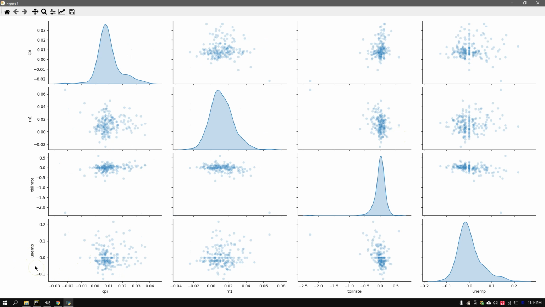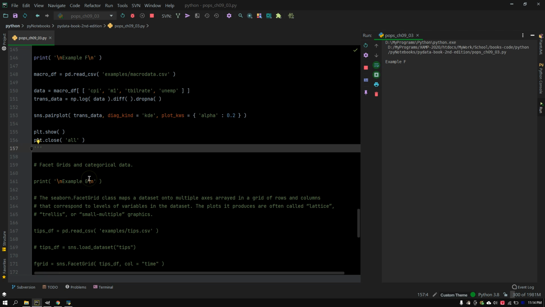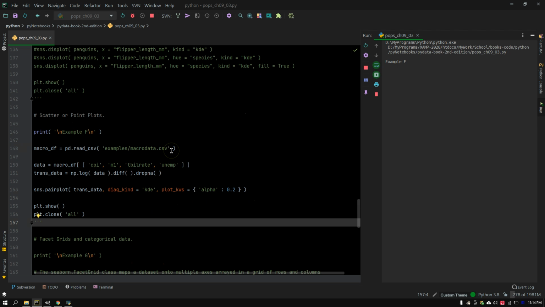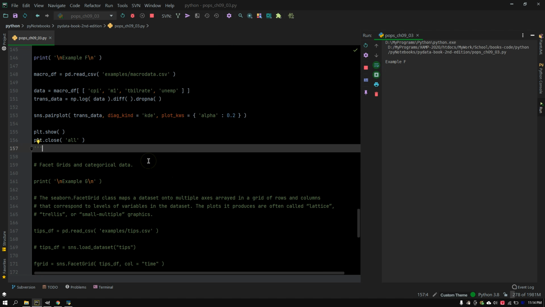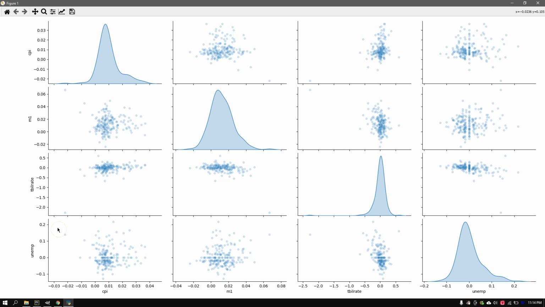See, but it's trans data. So it kind of did the same on the Y and the same on the left.